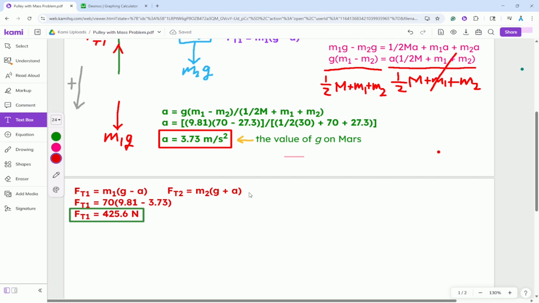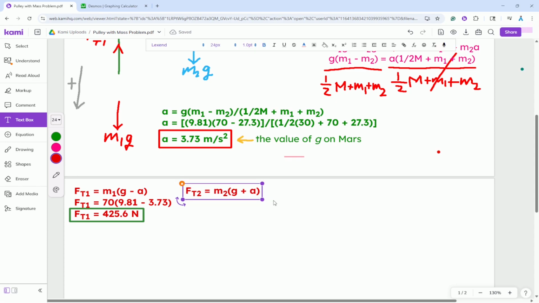Second one. Let's do that now. Let's actually move this a little more to the side. Okay. FT2 is equal to m2, which is 27.3 times 9.81 plus 3.73.